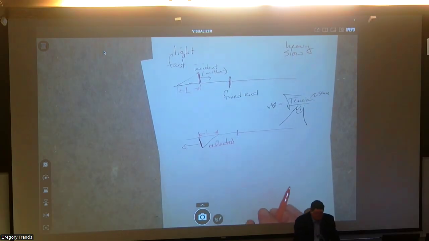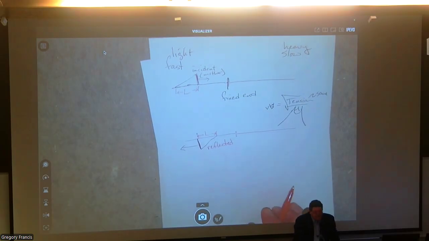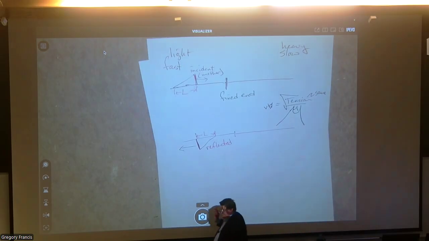Now let's talk about the transmitted pulse. The transmitted pulse, yes. How is the amplitude change? The amplitude is just complicated, messy.